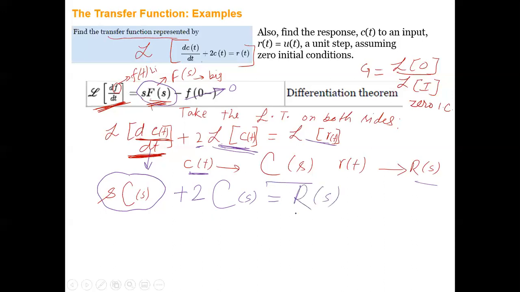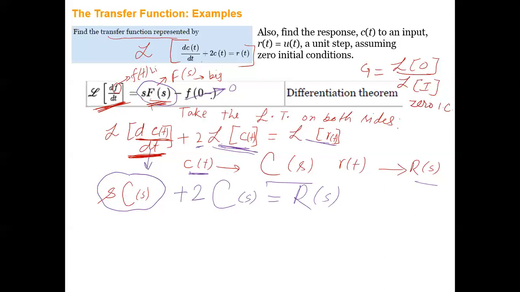Right, I'm open for questions now. So f of 0 is just the initial condition. Yes. We always ignore that when we do the transfer function, just take it out.